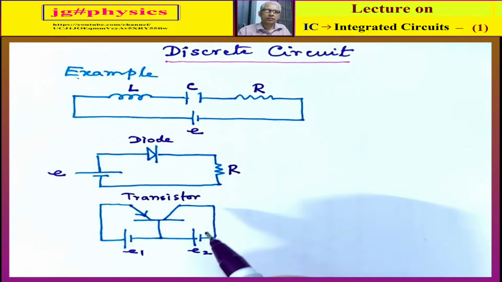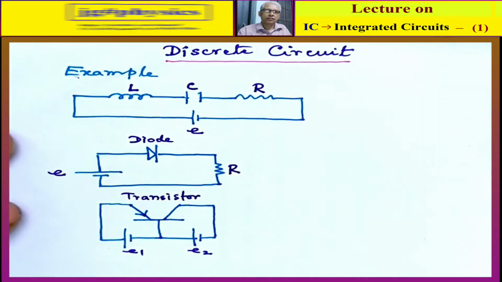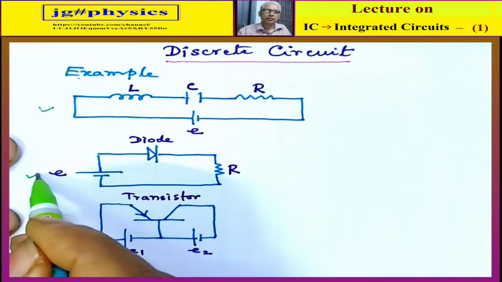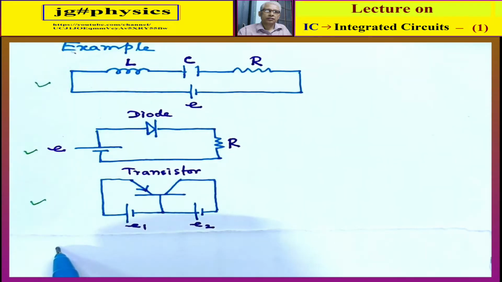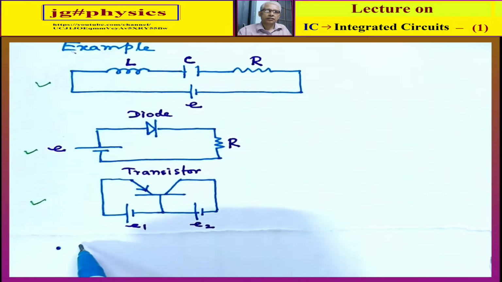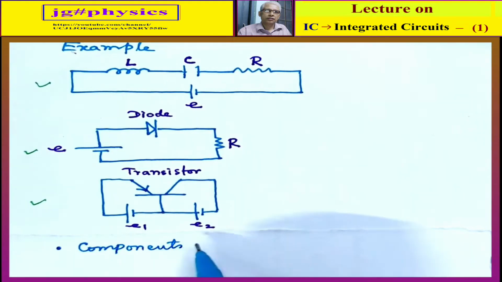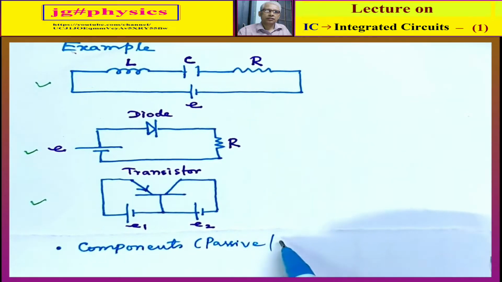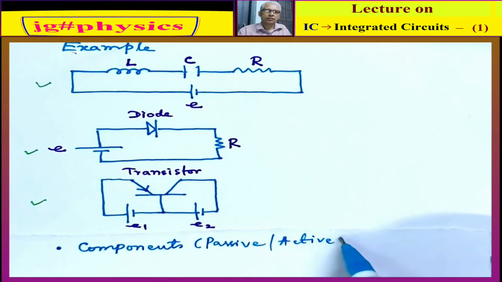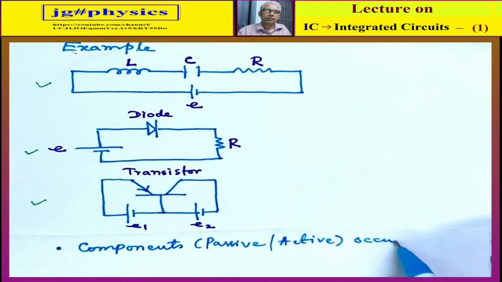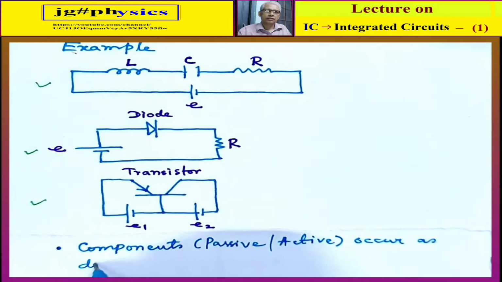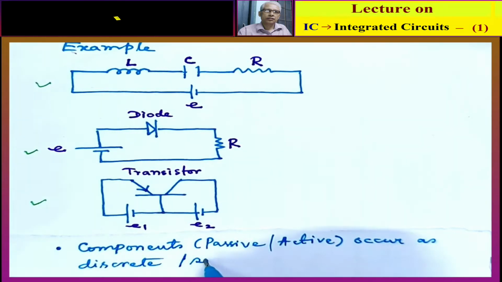It is clear from the diagram of the discrete circuit that the components, passive and active, occur as discrete, that is, separate components.